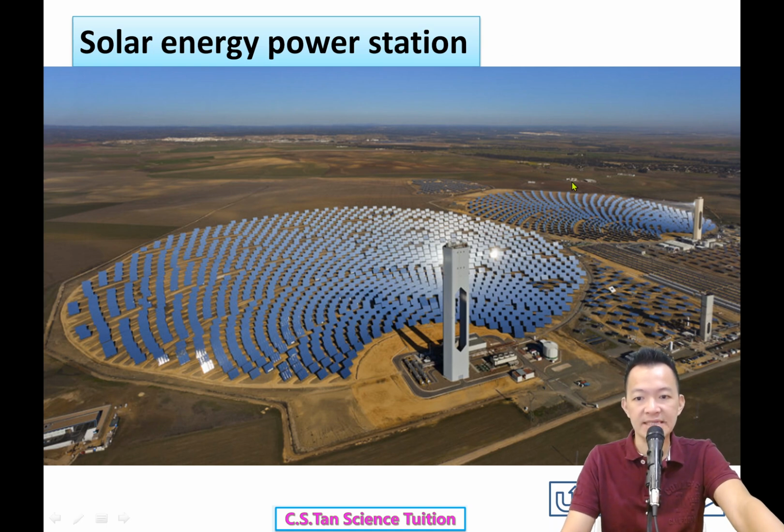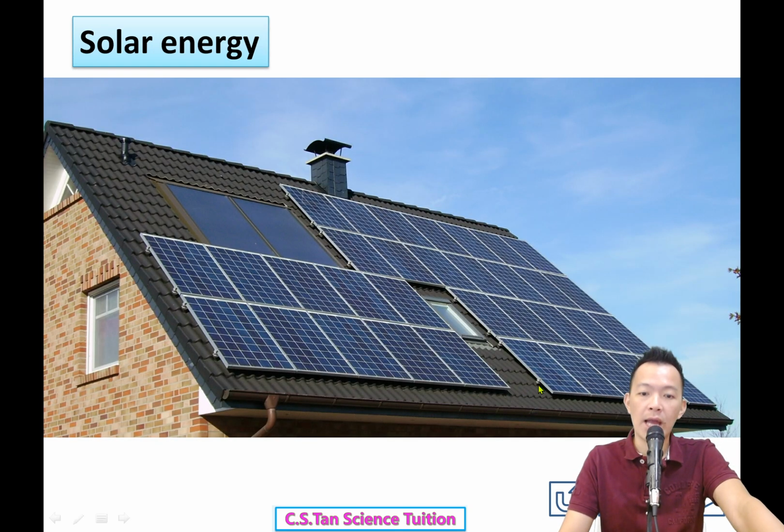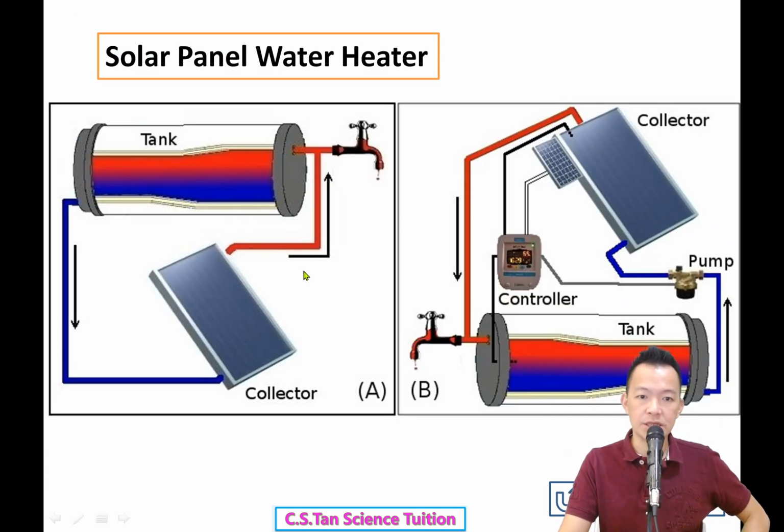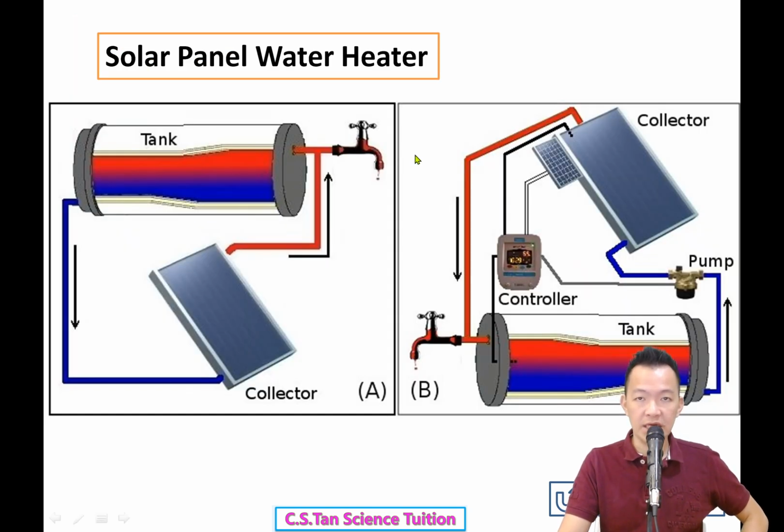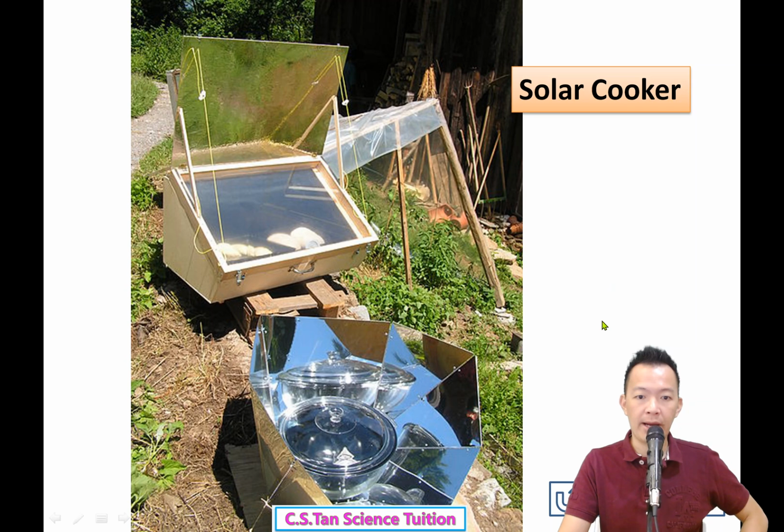我们正在发展这种能源，叫 solar energy, 太阳能发电. Or on some of your houses, 你的家的屋顶上, maybe you have solar panels, 对不对, to generate electricity. When the electricity generated is too much, 如果产生的电太多, you can sell it back to TNB, 你可以卖回给 TNB. So this is solar energy that can become electric energy, can heat the water, 烧你家里的水, for you to bathe. Or these are other uses of solar energy, but in Malaysia we don't need these solar cookers to keep food warm.